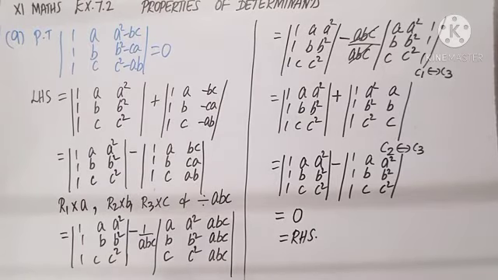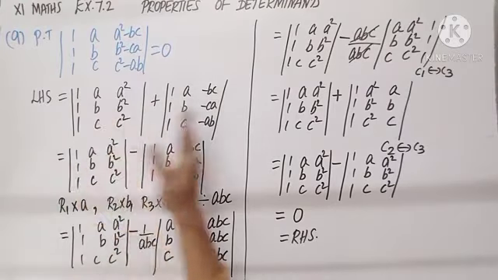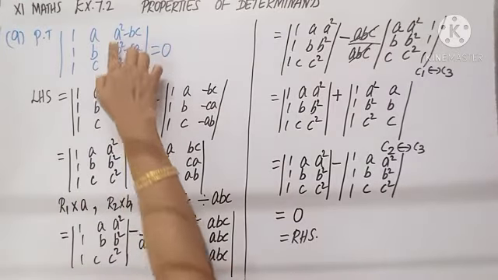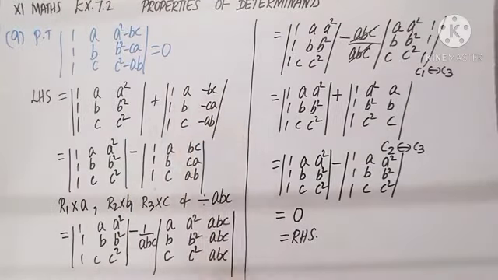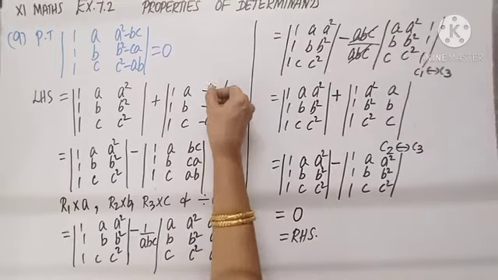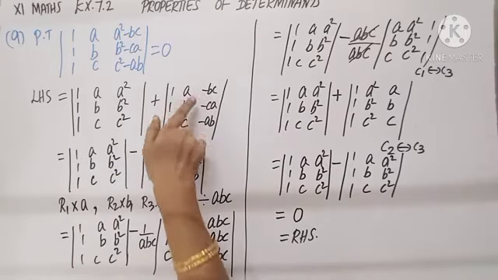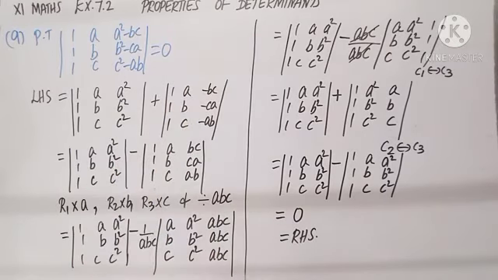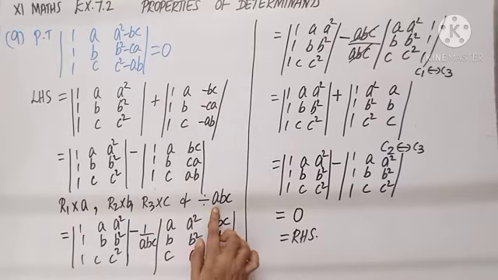We are using very many properties of determinants in this particular problem. First, there are two elements, I split into two determinants. All the first elements in the first, all the second in the second. So this is one property. Second, in a particular column, a number is common, I can bring it out. Here the minus sign is common, I have brought out. The next property, I can multiply a row by a number. Whenever I multiply, I must also divide.